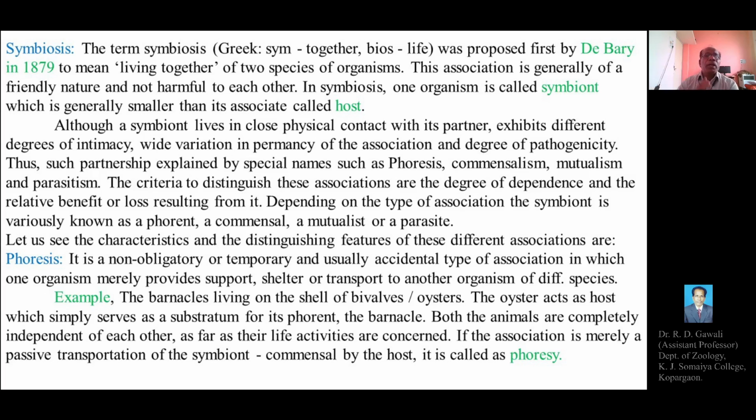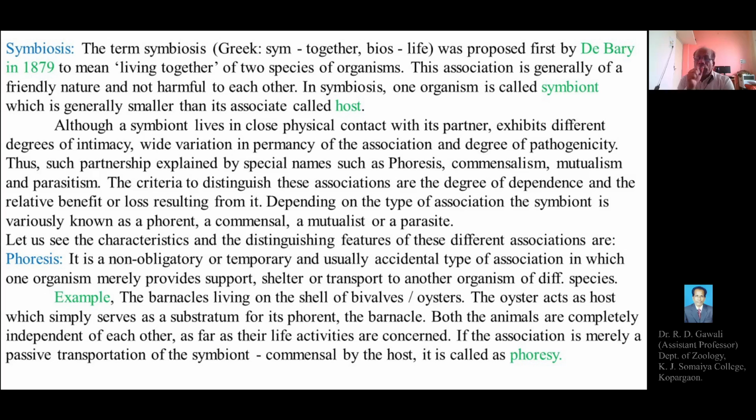Thus, such partnerships are explained by special names or terms such as phoresis, commensalism, mutualism, and parasitism.